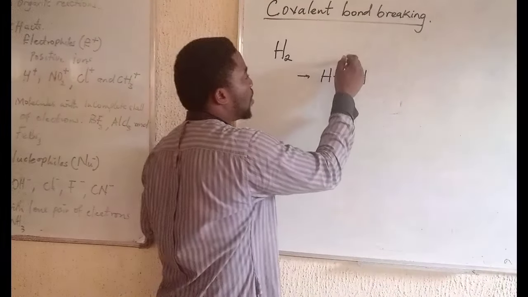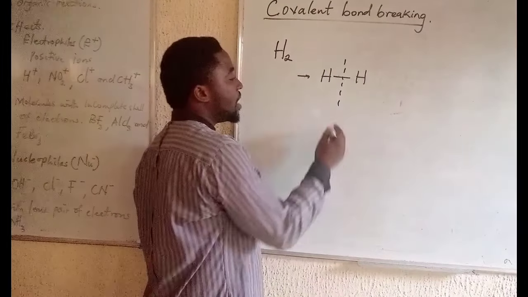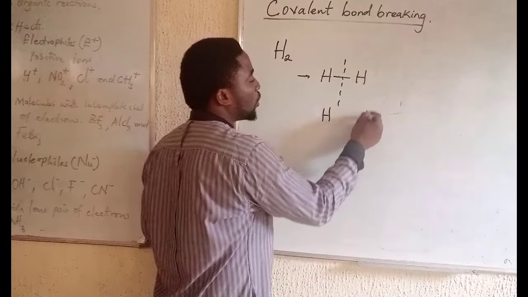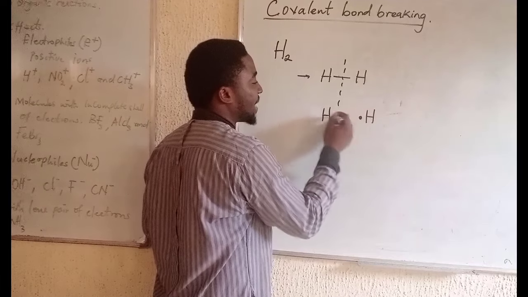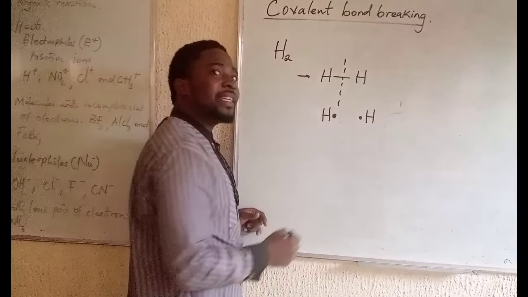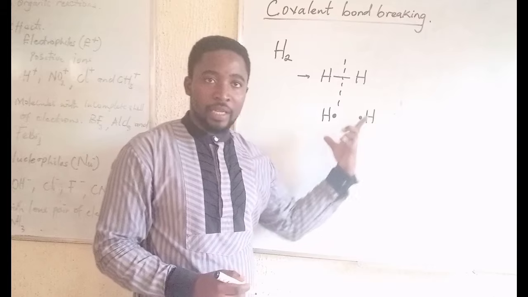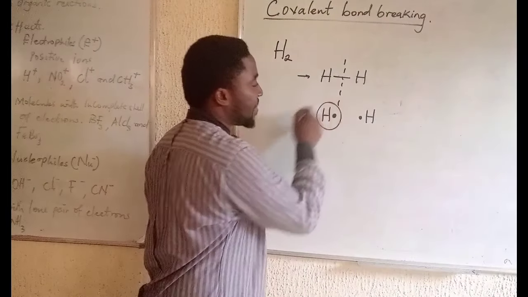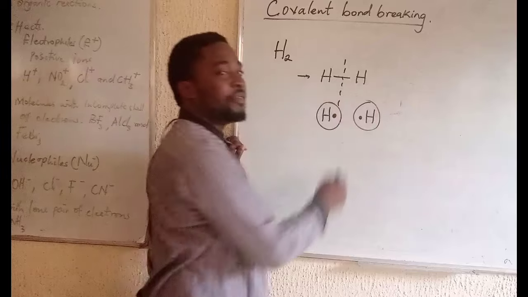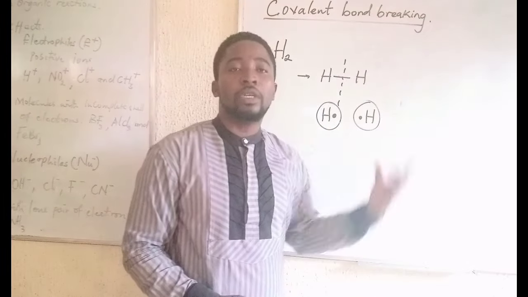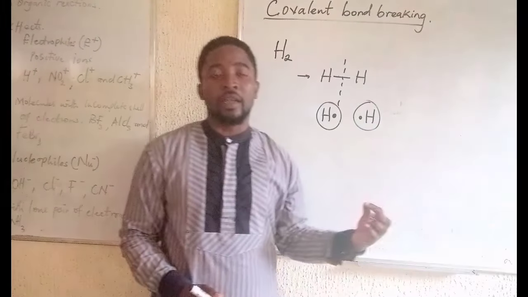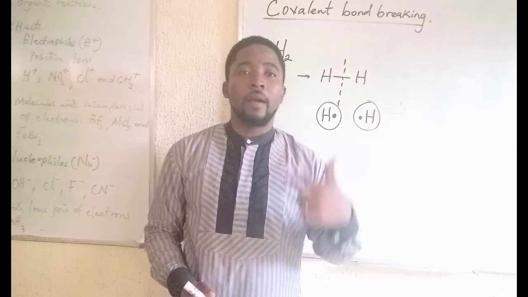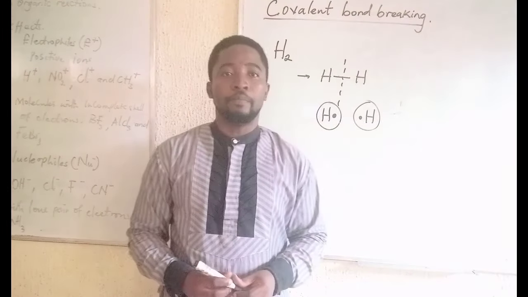So when this bond breaks at this point, the two hydrogen atoms will go separate ways with single unpaired electrons, as you can see. So this one is a free radical and this one is also a free radical. This type of covalent bond breaking is known as the homolytic bond breaking process.